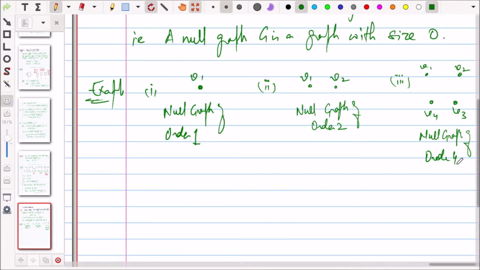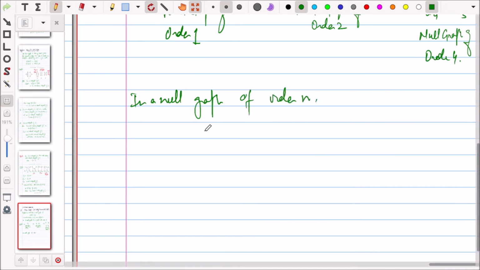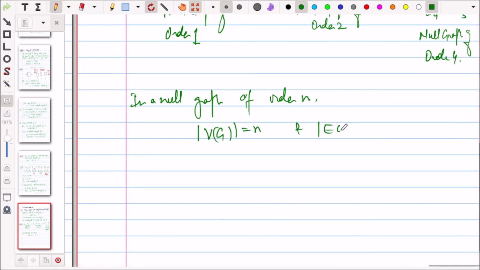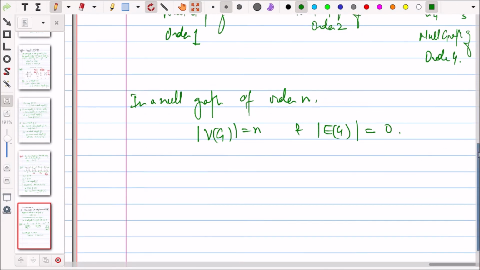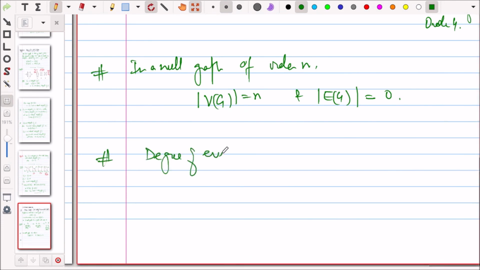So in a null graph of order n, what it means? Cardinality of VG is equal to n and cardinality of EG is equal to 0. ठीक है? और क्या बता सकते हो? Yes, all the vertices are isolated, and degree of every vertex in a null graph is क्या होगा?